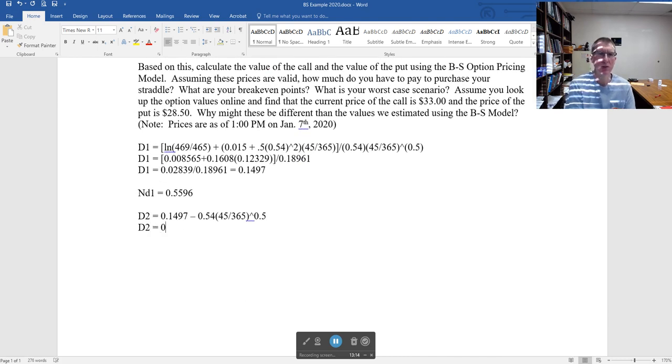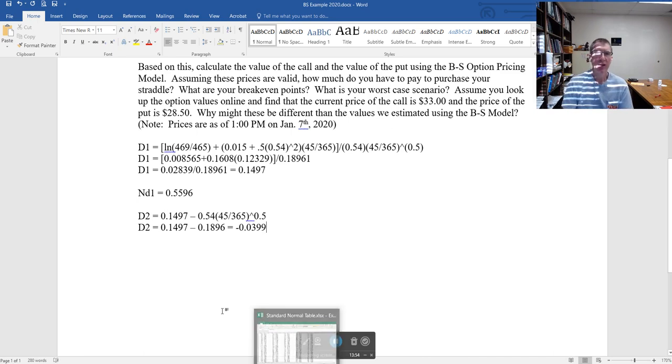So D2 is equal to 0.1497 minus 0.1896, and we did that calculation before, so you can save a step there. That equals 0.1497 minus 0.1896 gives us negative 0.0399.